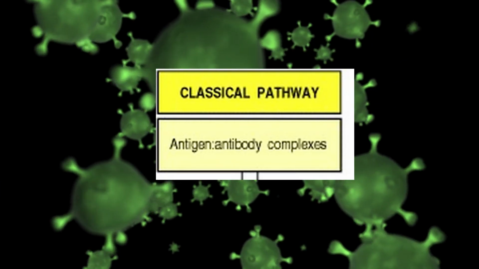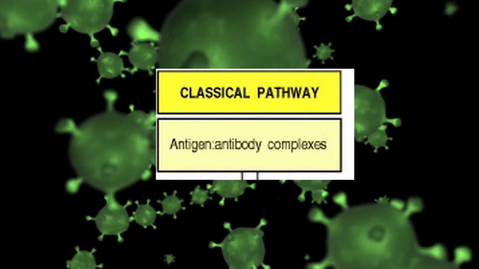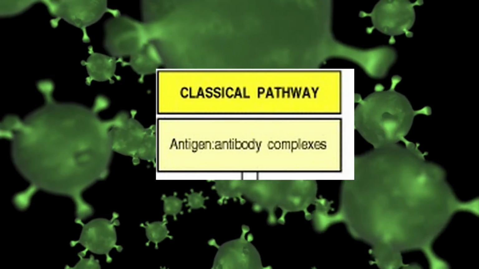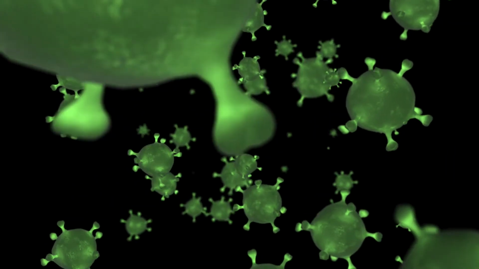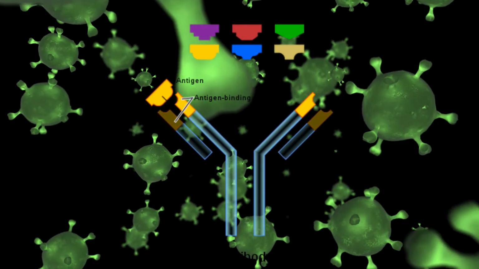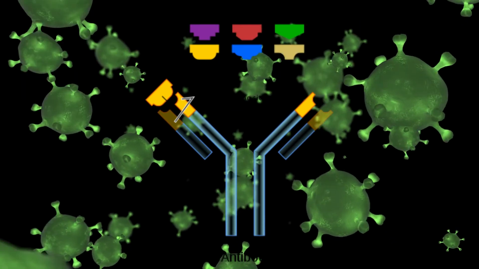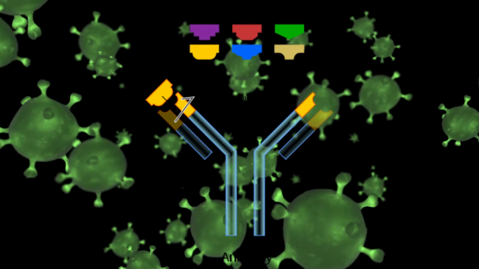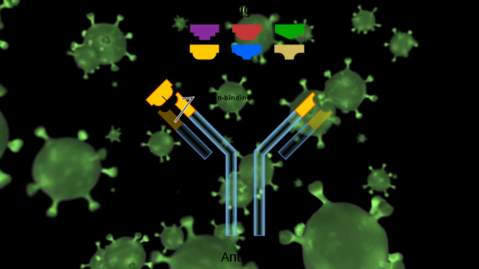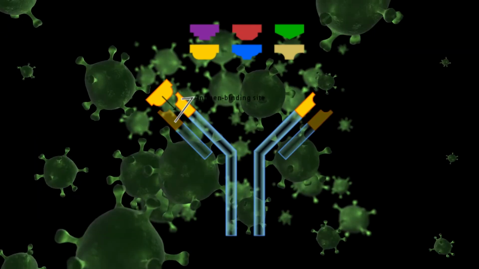The adaptive immune system can produce antibodies, and the antibodies can get C1q to bind to them. When you look at this, you can see how complement acts as not only part of the innate immune system, but also as a bridge between innate and acquired or adaptive immune systems.